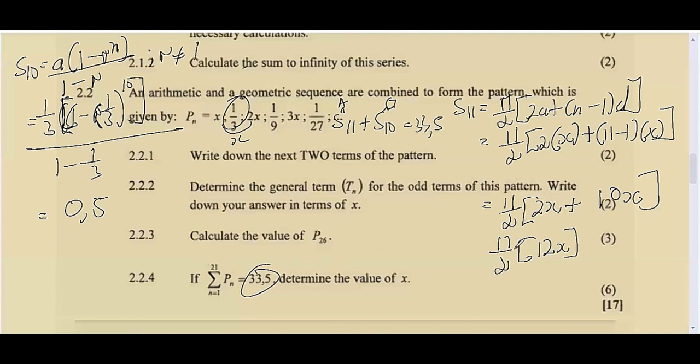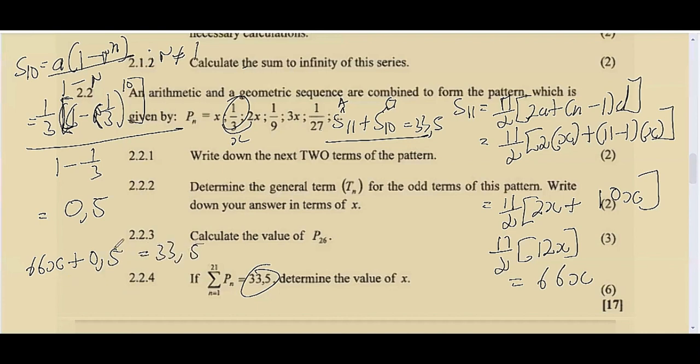Remember, 11 over 2 is 5.5. So 11 over 2 multiplied by 12 is supposed to give us 66x. So let's write this: 66x plus 0.5 is equal to 33.5.